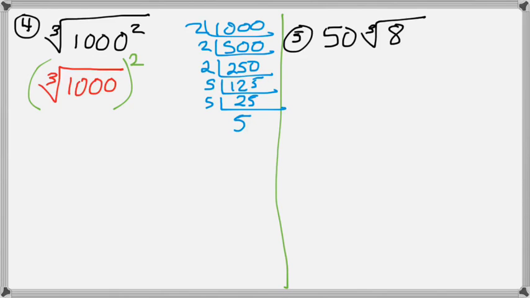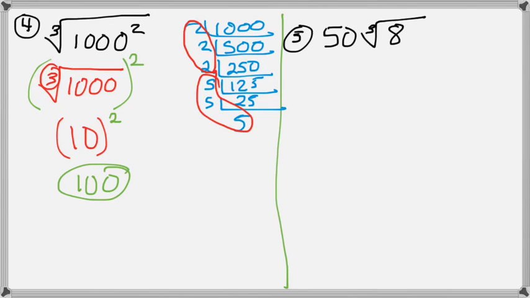I'm looking for a set of 3 because that's what my index is. So I have a set of 3 2s and a set of 3 5s. So 2 times 5 is 10. That being raised to the second power, so 10 squared, 10 times 10 is 100. So that's what that simplifies down to.